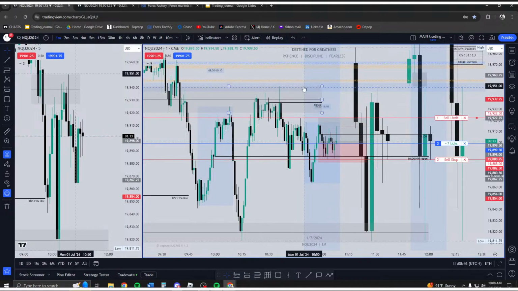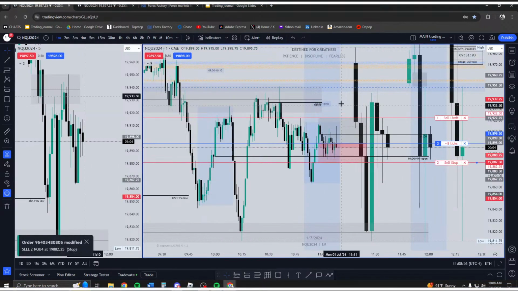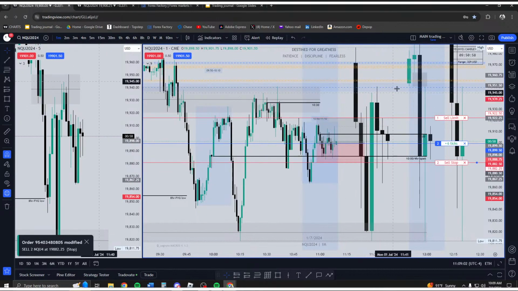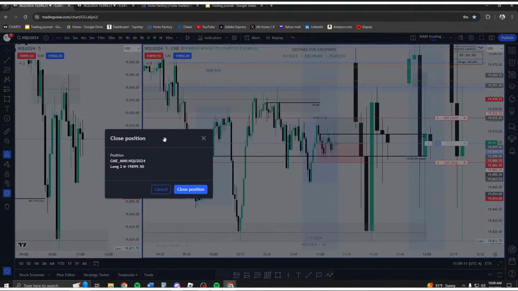And that's my TP, right? Continue to hold this. Where do I close this?